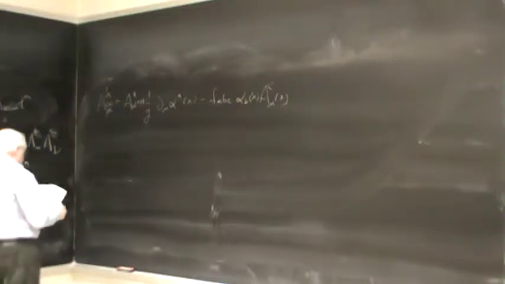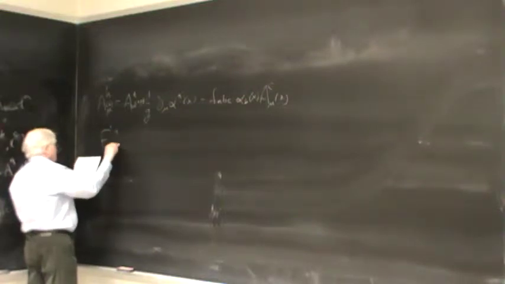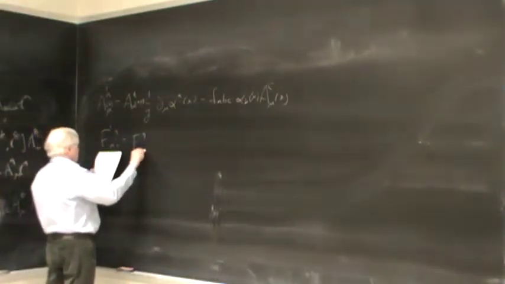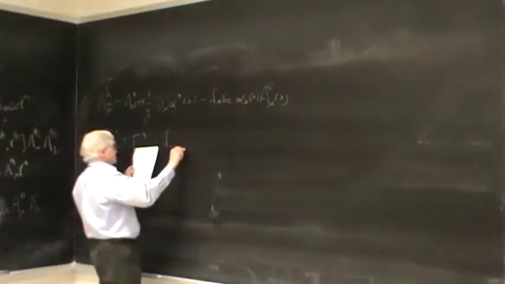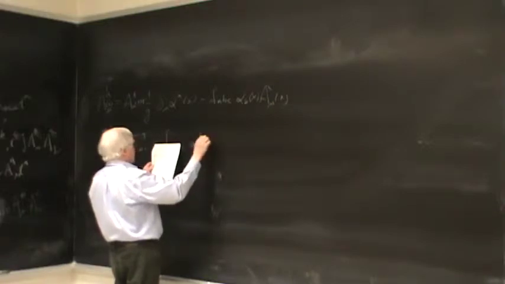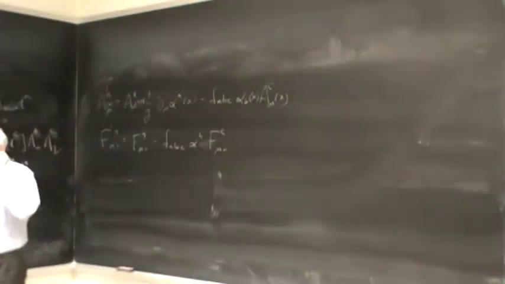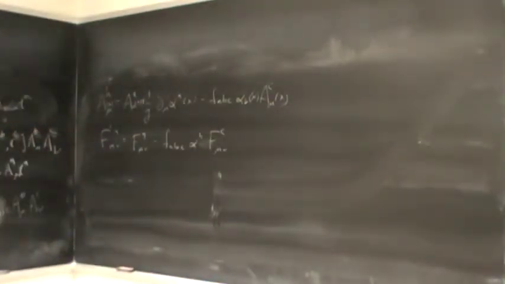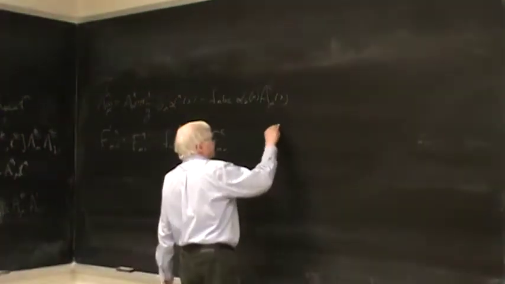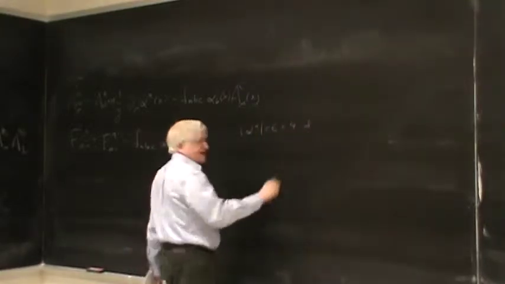That's an infinitesimal gauge transformation on the A's, and the F's, which transform covariantly, become F prime^a mu nu equals F^a mu nu minus f^abc alpha^b F^c mu nu. That's under infinitesimal alpha, so alpha is epsilon, which is 4 minus D.